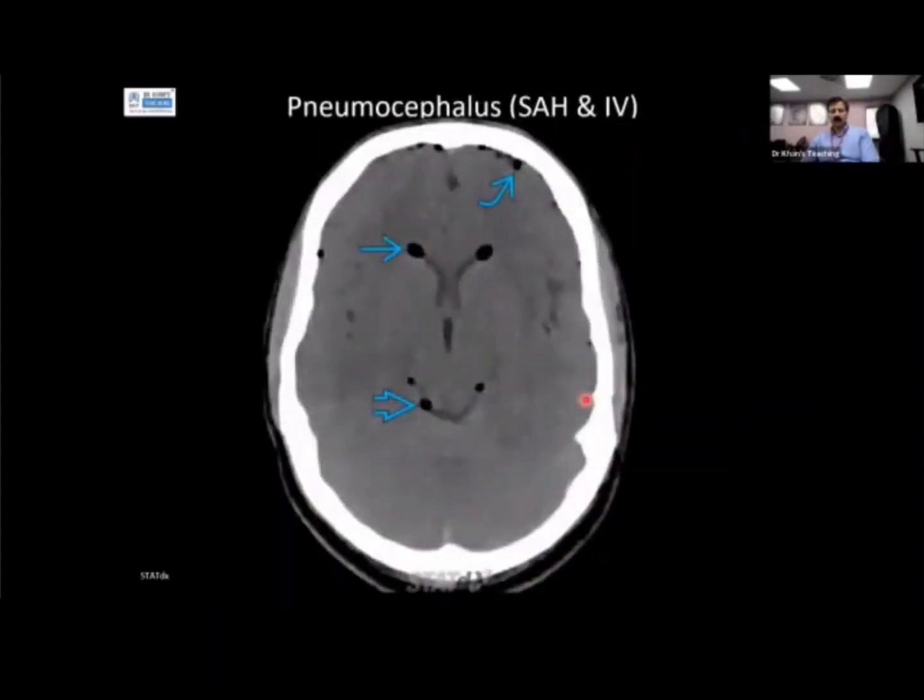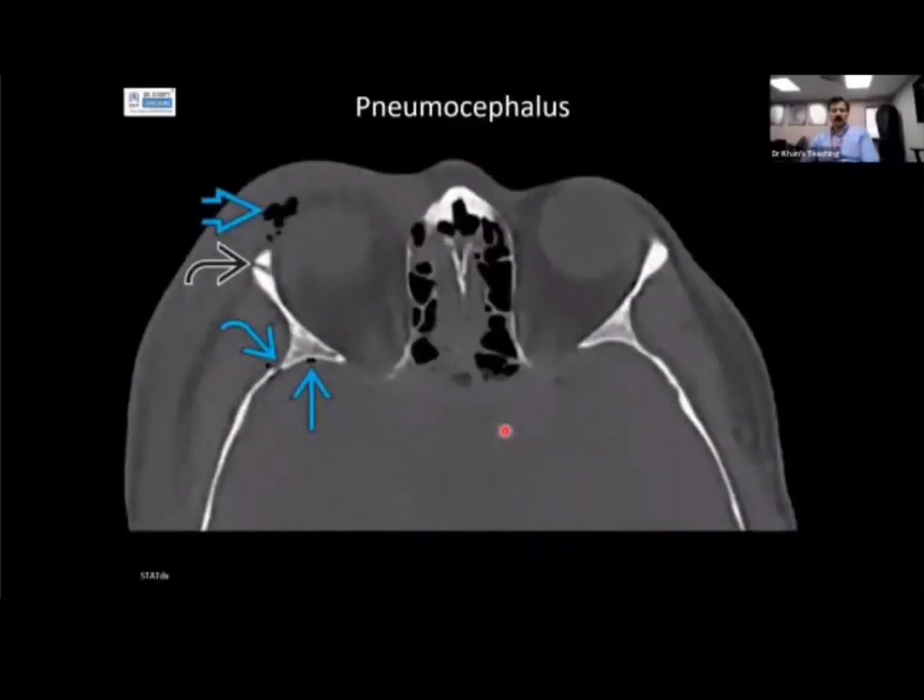In this case, there are multiple bubbles in the subarachnoid space, in the ventricles, again in the subarachnoid space, the quadrigeminal cistern. Another example of a fracture, an orbital fracture. This is preseptal space, but there is pneumocephalus here also.